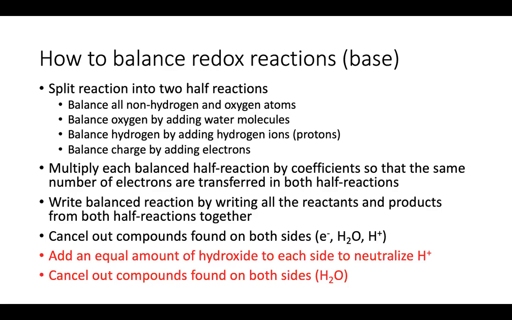The hydroxide that you add to the H plus neutralize each other. They become water on that side. And then you might just have to cancel out water that appears on both sides. At that point, you have a balanced redox reaction in base. And again, one of our examples will show that.